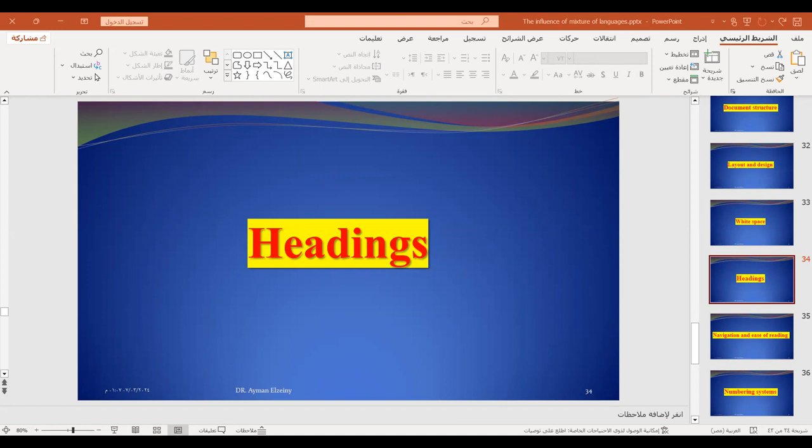The second point, give each main clause a heading, bold and lower case if possible.